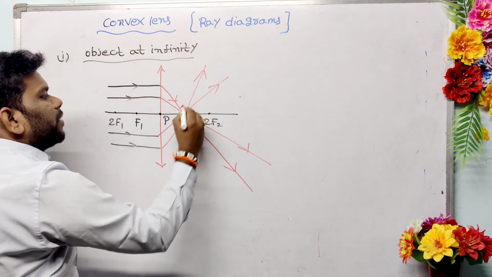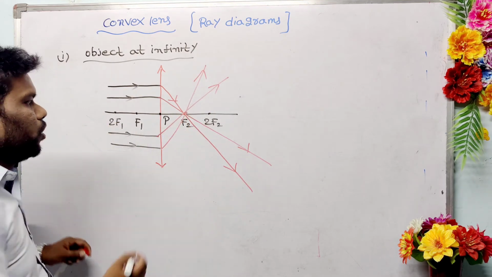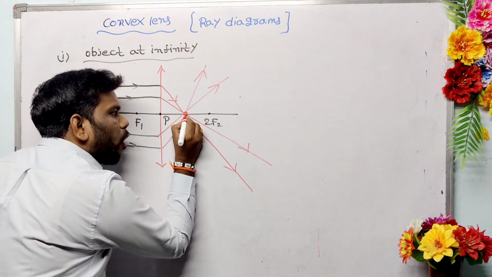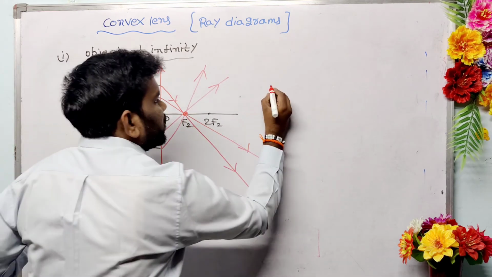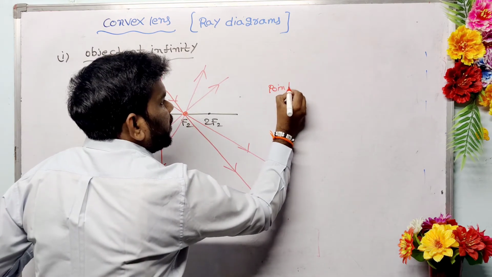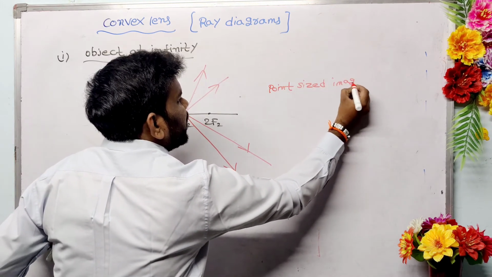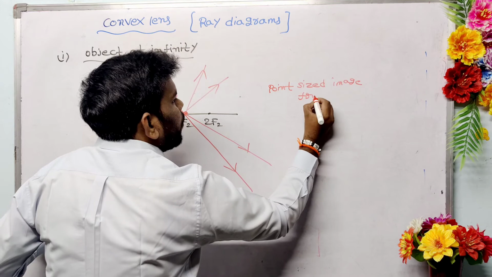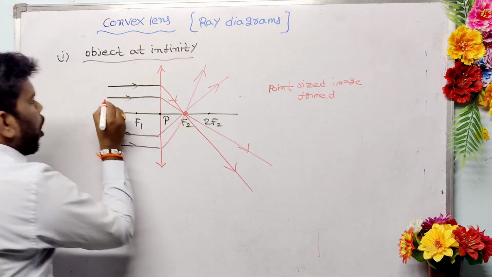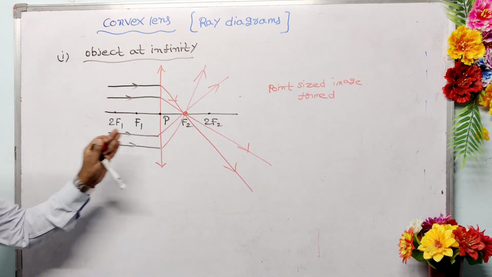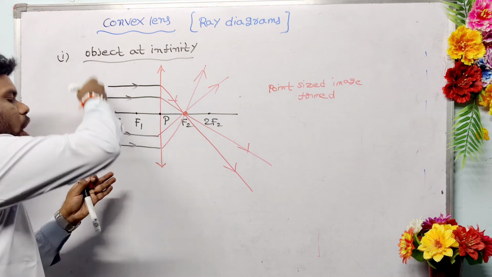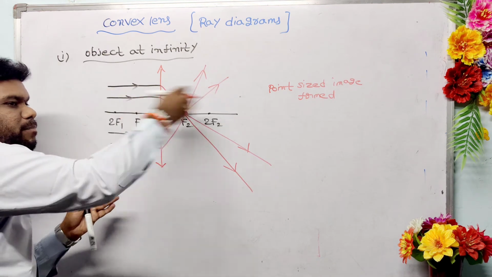So these meet at a point F2. So it is a point sized image. It is called a point sized image, formed when the object is at infinity. Always the object is placed on the principal axis.